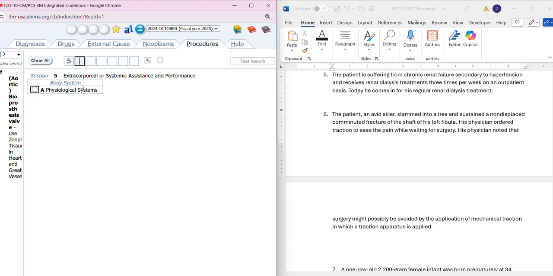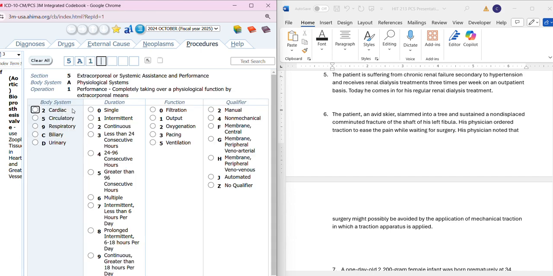So body systems, there's only one choice, physiological systems, and that's A. And again, since dialysis basically makes your kidneys work when they wouldn't work normally, for operation, it's going to be number 1, performance.